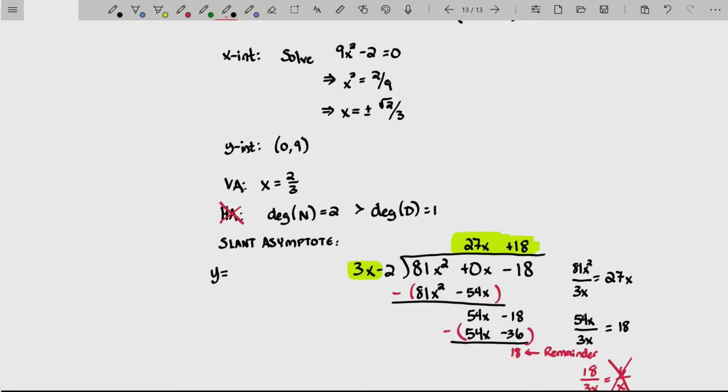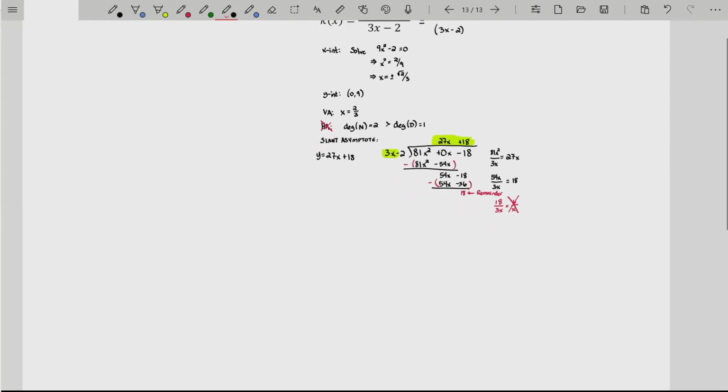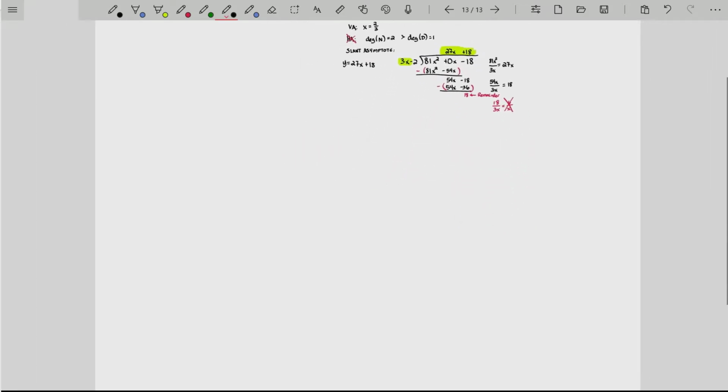So slant asymptote is y equals 27x plus 18. A ridiculous slant asymptote. For anybody who's done this work before, you will notice that is a stupid slant asymptote. Because of that, you have to be very careful when graphing this.